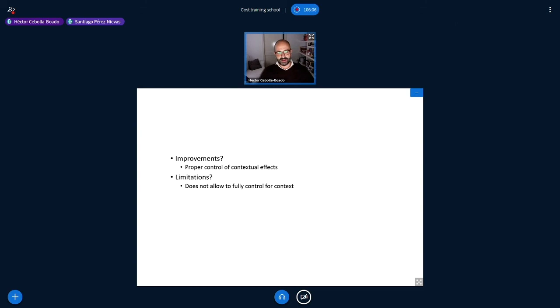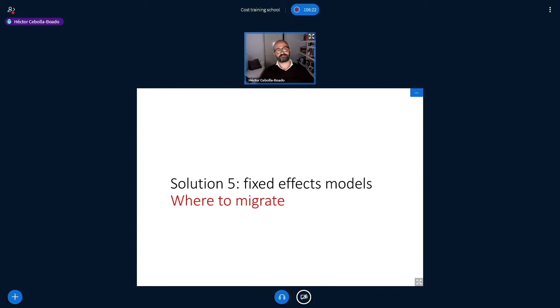I'm moving forward. My point was that this solution, which is probably more sophisticated and more parsimonious and more to the point than the previous ones, does not allow us to fully control for context. So the nicest solution, if you really want to neutralize cross-country variation, or variation between clusters or between aggregate levels of analysis, is to go for fixed effects modeling.